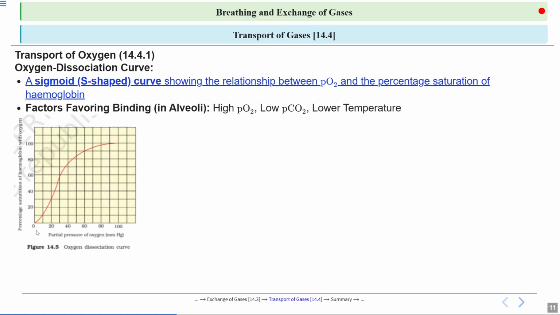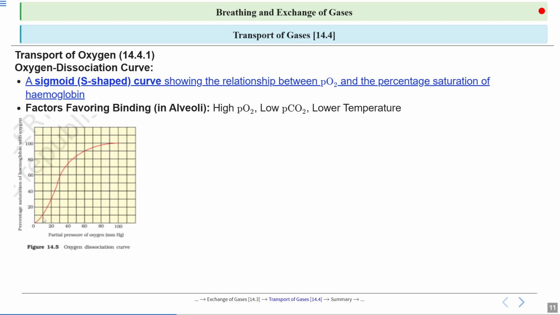At 20, it reaches about 25. At 30, it reaches 60. At 40, it reaches around 75. At 60, it reaches 90. And around 80, all the hemoglobin gets saturated, meaning all the oxygen present is combined with the hemoglobin, so it becomes straight here.